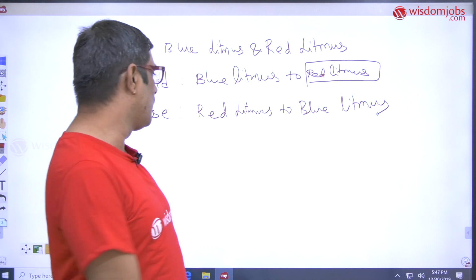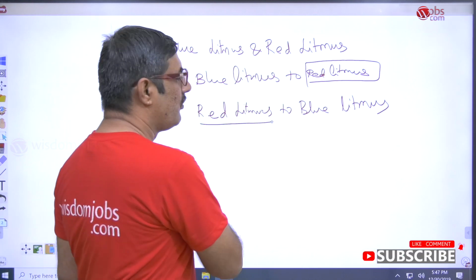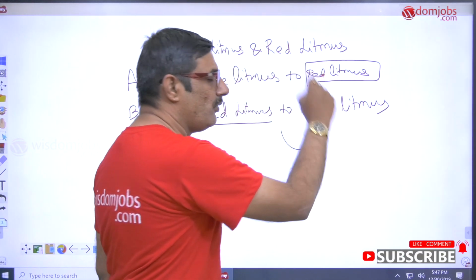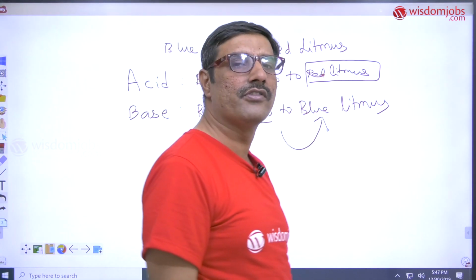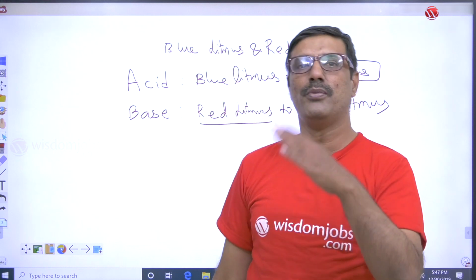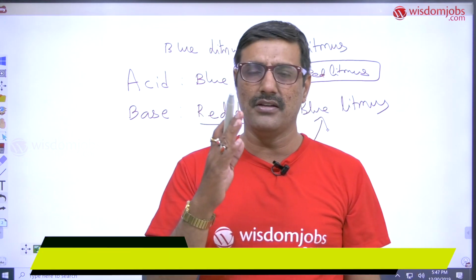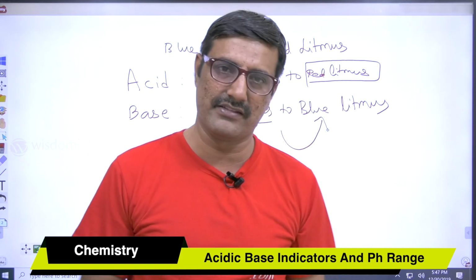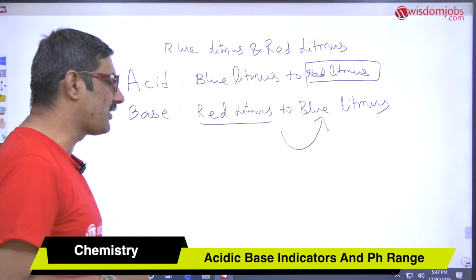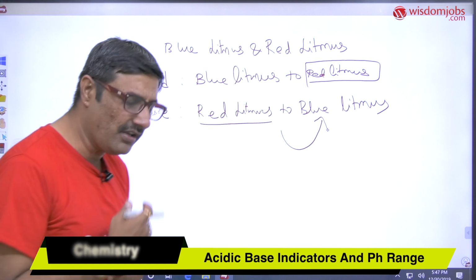The red color of the litmus paper will be converted into blue. So whenever the red litmus is converted into blue by dipping in a solution, such a solution we call a base. This is one way of checking whether it is an acid or a base.